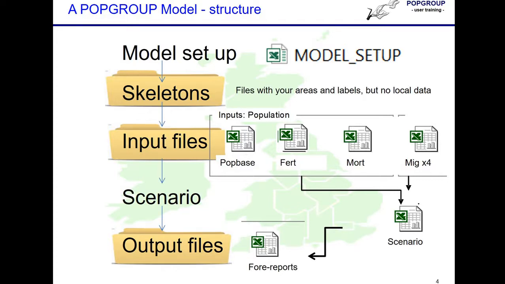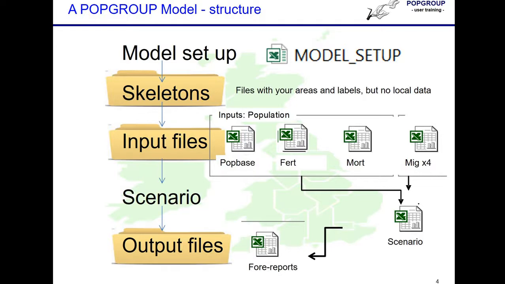You may choose to exclude the migration files from overseas, outside the UK, from a particular model. So the scenario specifies which particular input files are included in your POPGROUP model. There is quite a bit of flexibility here to include different assumptions around fertility and mortality that you might save in different fertility and mortality files.